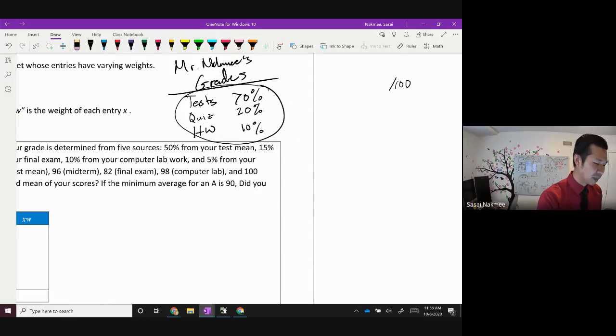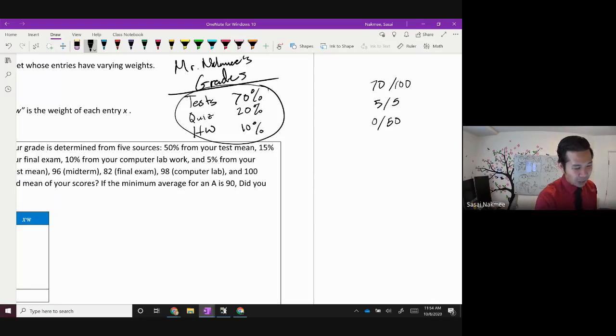That's too perfect of a number. Let's say they got a 70 out of 100. And then on the quiz, they got 5 out of 5. And then on the homework, they didn't do any homework, and there was like 50 points worth of homework, right?